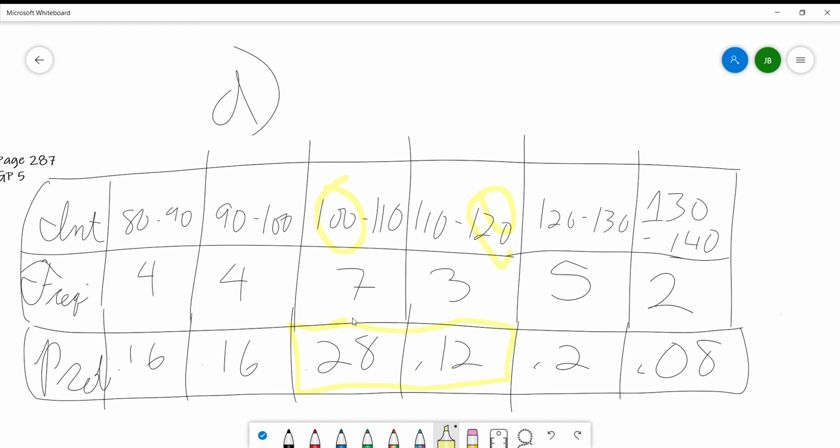The probability is we add these two numbers together, 0.28 plus 0.12 equals 0.4. I like it as a percentage. So if you're looking for a plant between 100 centimeters and 120 centimeters, you've got a 40% chance of grabbing one at random.